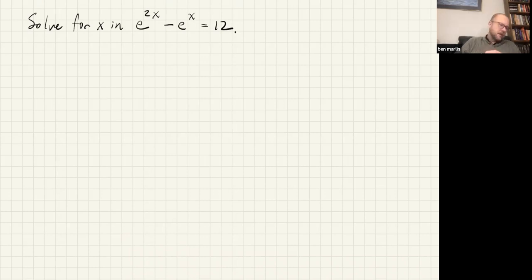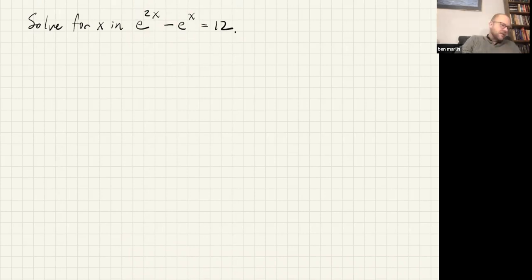Okay, so the thing that I wanted to illustrate here is we have what's referred to as an equation in quadratic form. E to the x and e to the 2x, e to the 2x is really the square of e to the x.